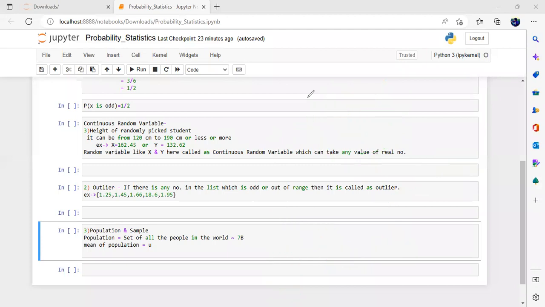Yes. So let me write it here so that whenever I share the document, you will get it.